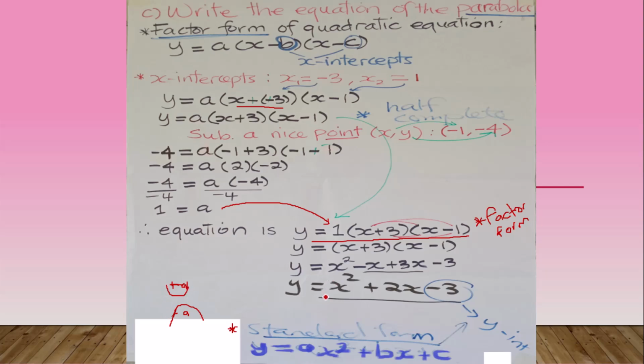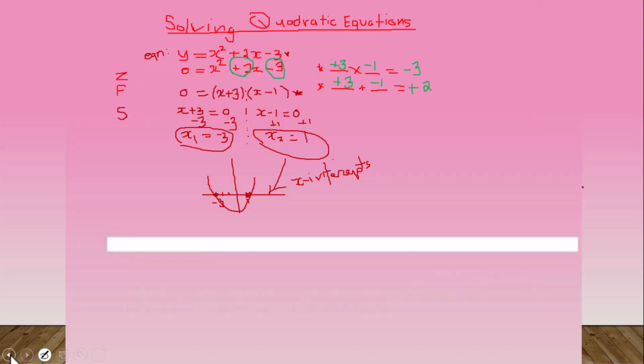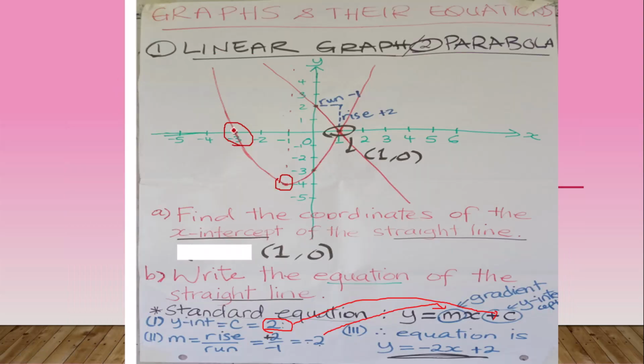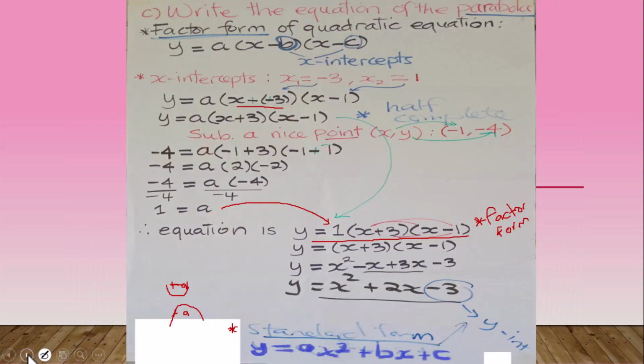Now, since our a value is a positive 1, we expect our graph to open upwards. Let's check to confirm. Yes, the graph is opening upwards. Okay, that's it. This is the equation of our parabola in standard form.